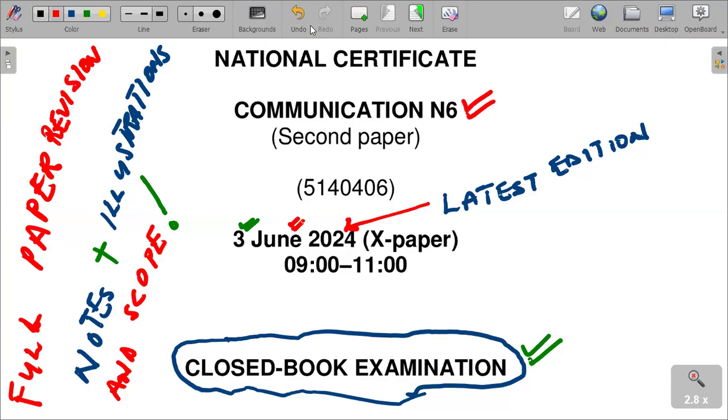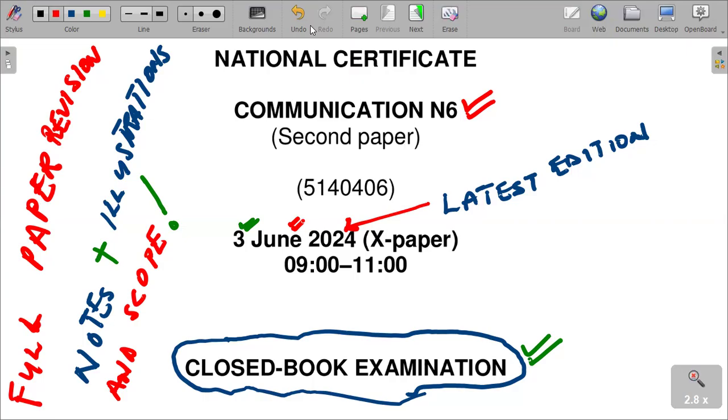I just know that you are busy preparing for the final and working towards your employment, your internships, working towards everything that can help you to go and get your diplomas. Today, I just brought to you the latest edition of how your exam would be like.